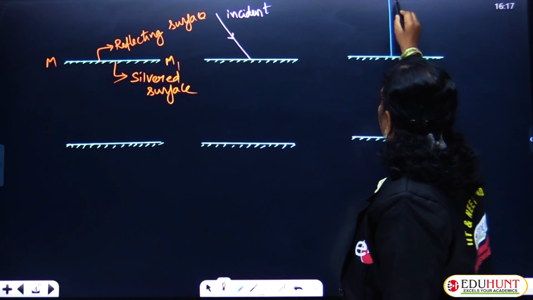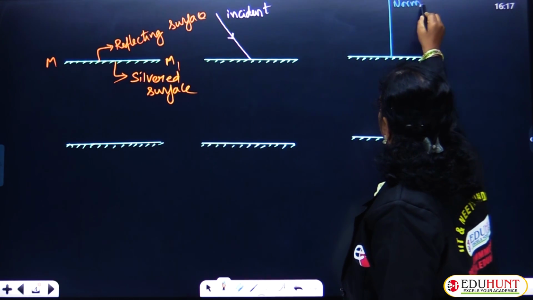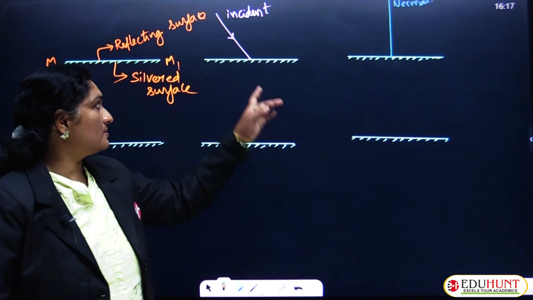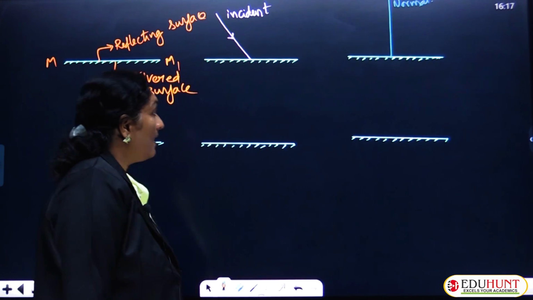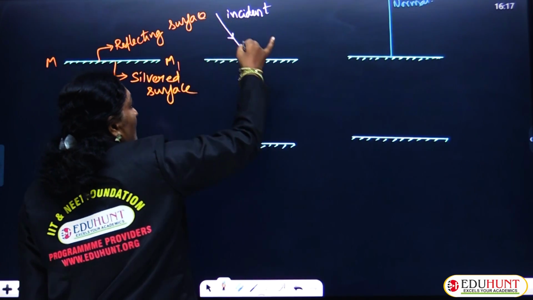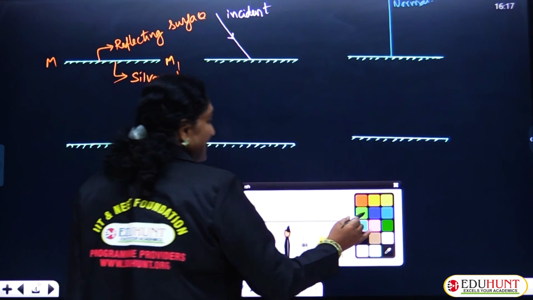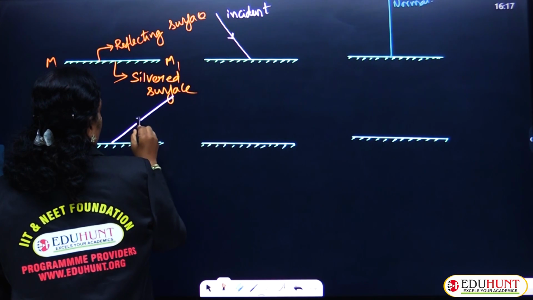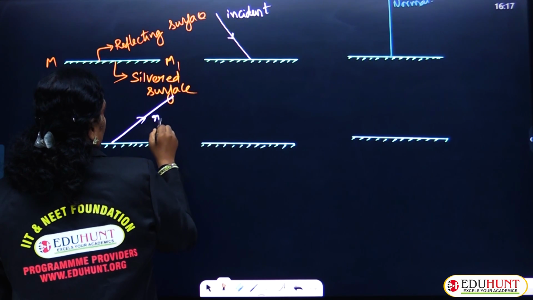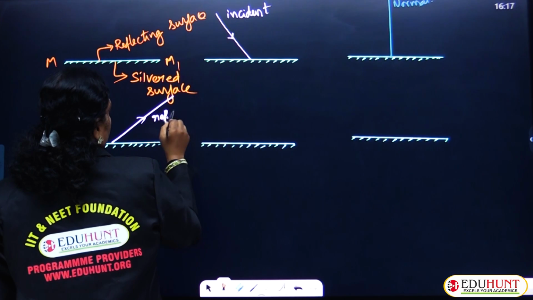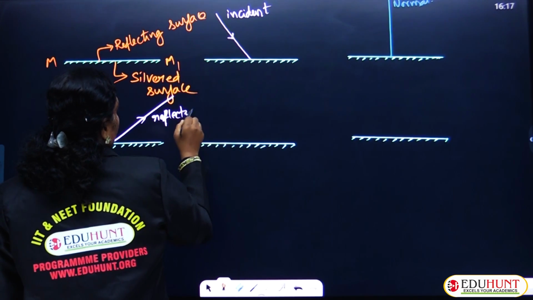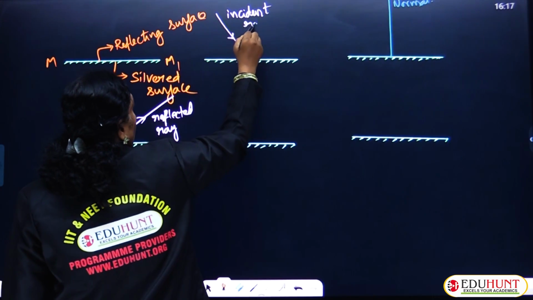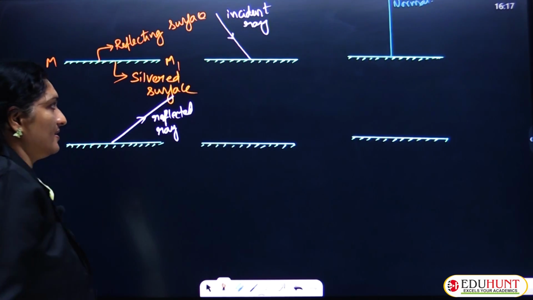After falling on the surface, the light ray is reflected back into the same medium, and this light ray is called the reflected ray. This is the incident ray, and here is the reflected ray.